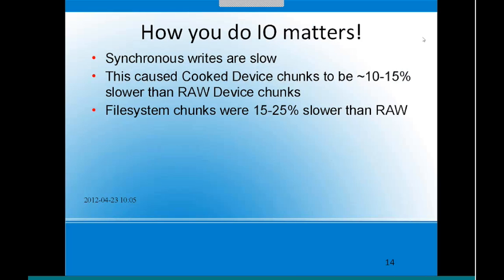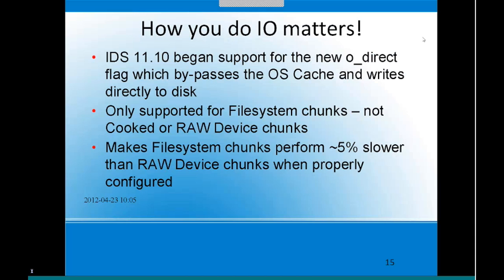Synchronous writes are slow, as I said, and so file systems, even cooked devices, are 10 or 15% slower than raw devices in general. File system chunks are another 15 or 25% slower than raw. But as of 11.10 and all the newer versions of Informix, we do have O_DIRECT. You can turn that on in your onconfig file.